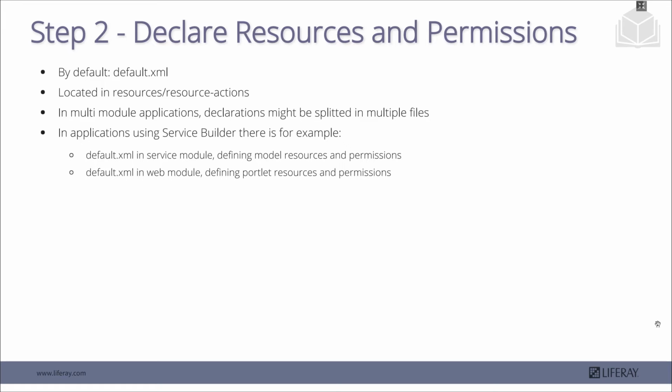The second step is to actually create that default.xml file. Now, technically speaking, you can call this whatever you want, but in this example and in Liferay, we always call it default.xml. We typically place it in this directory called resource actions, but again, you have control over where you may want to go.